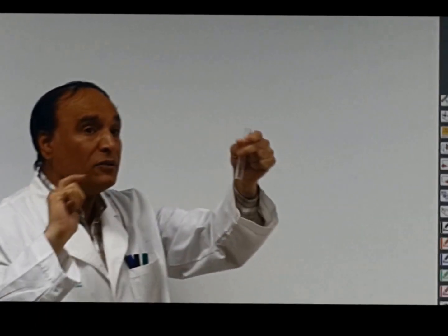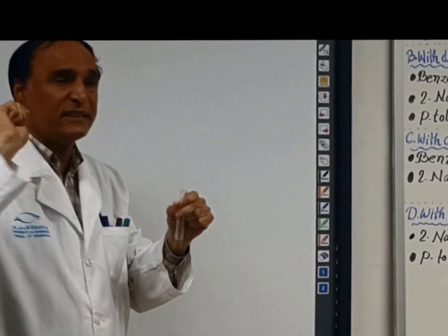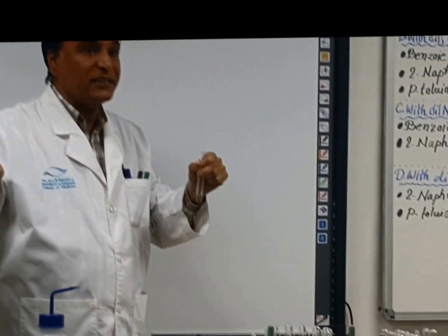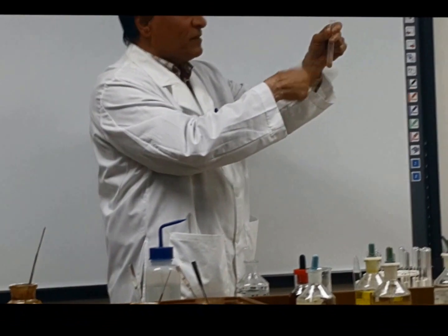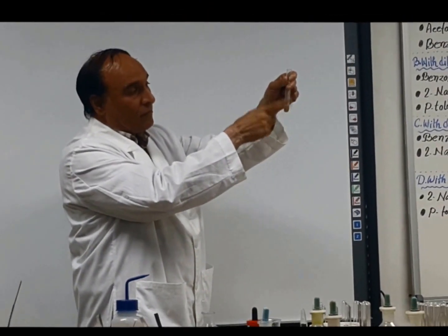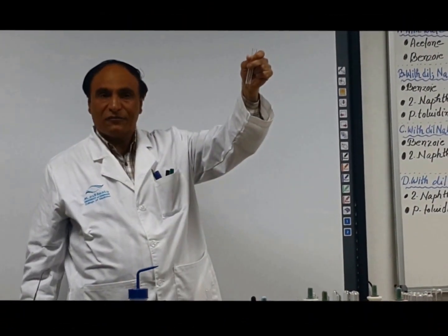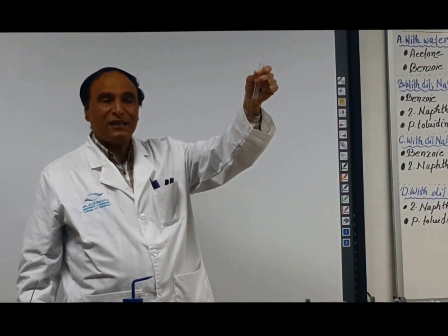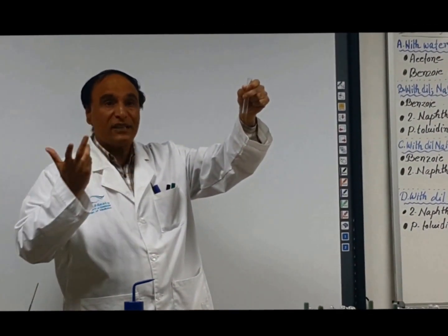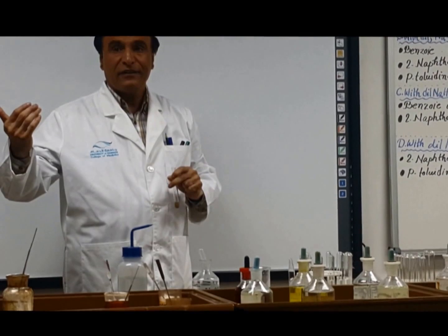Because I told you phenols are very, very weak acids. It is weak, but they are still acids. So that's why the phenol will dissolve. So the answer is, if I don't know what the thing is, I will say acidic or phenolic.